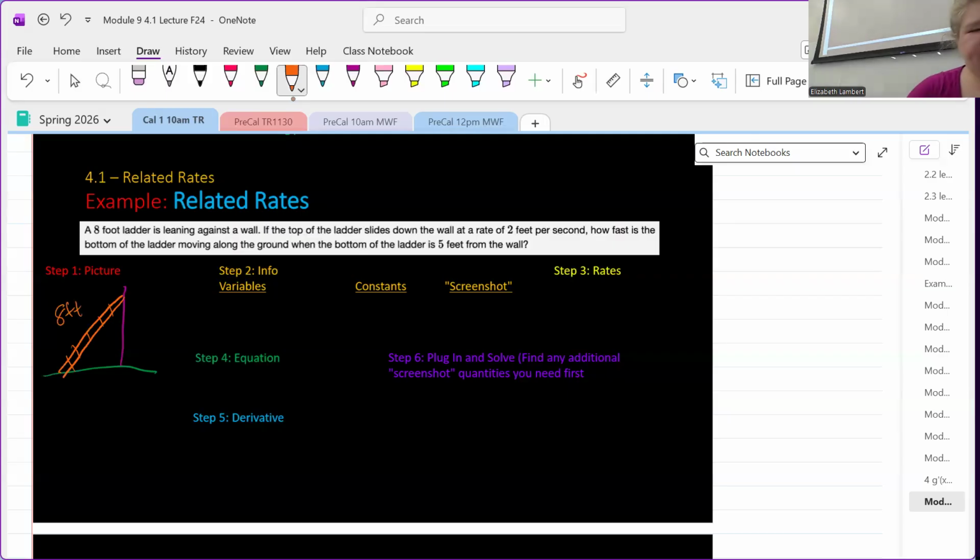And I know that ladder is 8 feet long. So it says if the top of the ladder slides down the wall at a rate of 2 feet per second, how fast is the bottom of the ladder moving along the ground when the bottom of the ladder is 5 feet from the wall?